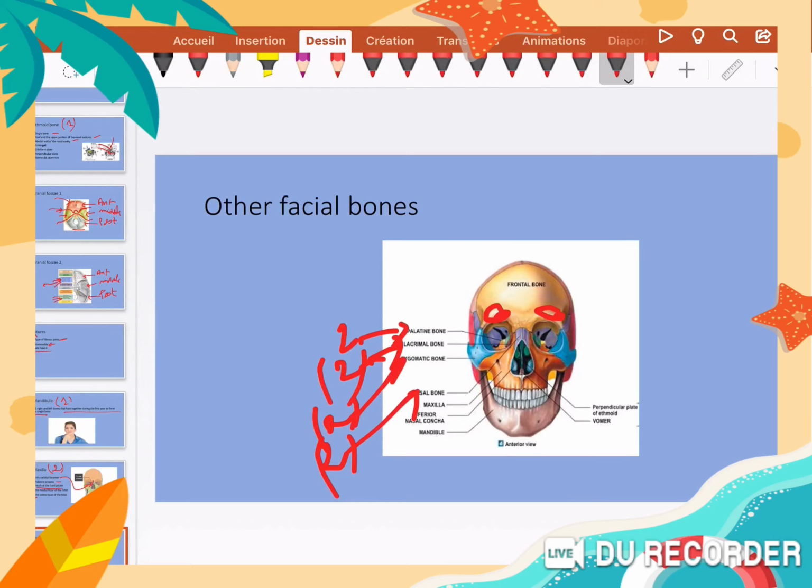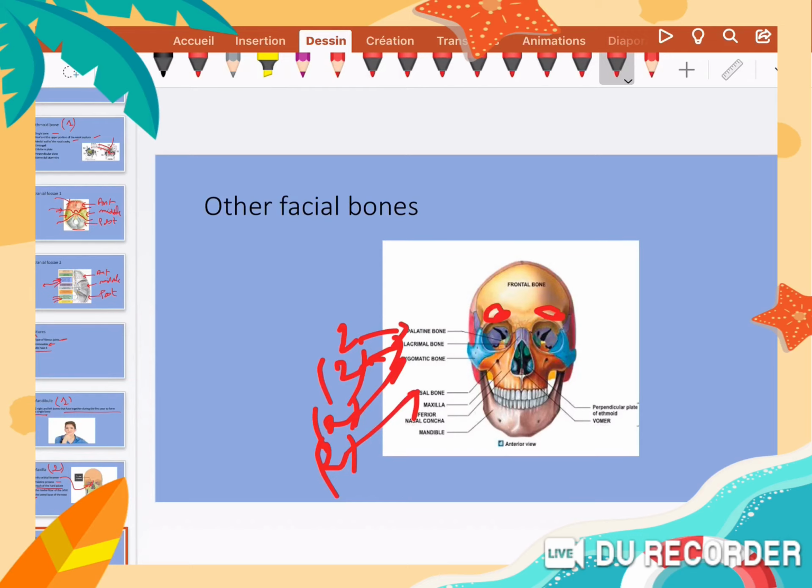Okay, let's see. This is the tympanic membrane, the end of the external ear, and this is the oval window, the beginning of the internal ear. And the sound vibrations pass from the tympanic membrane to the oval window by those auditory bones.